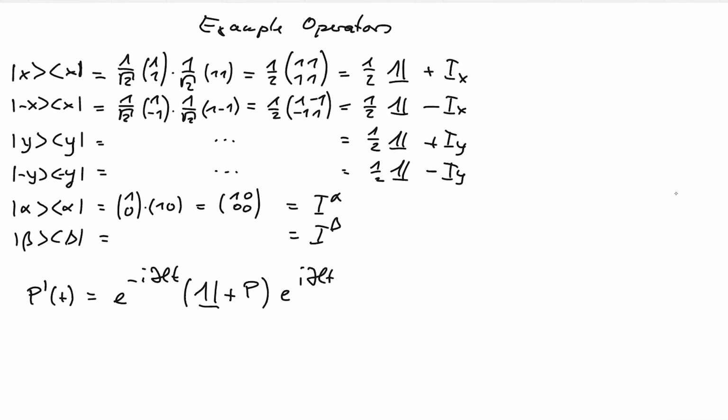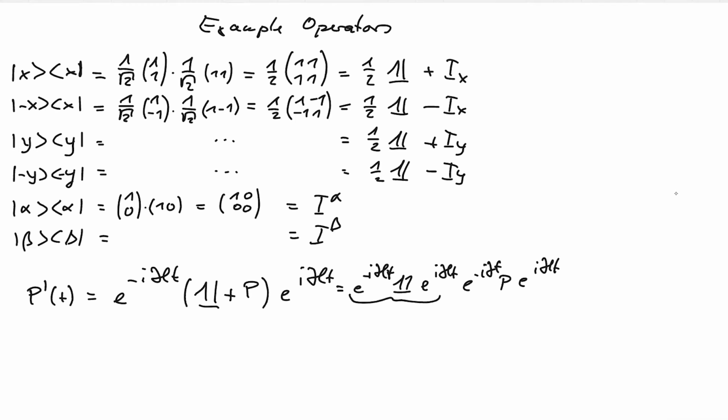When we calculate this, we can separate the two elements: e to the minus iHt times the unity matrix times e to the iHt, plus e to the minus iHt times P times e to the iHt.